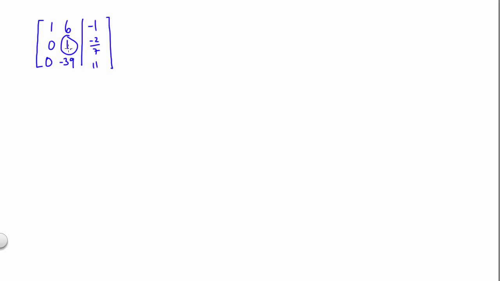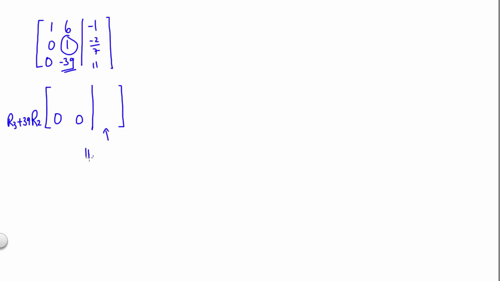Now that we've got a 1 here, the last thing we want to do to get this into REF is just eliminate this minus 39. So let's take row 3 plus 39 times our pivot row, so that's row 3 plus 39 times row 2, and that will give us 0, 0. And for this entry on the right, we'll need to do a little bit of a calculation.